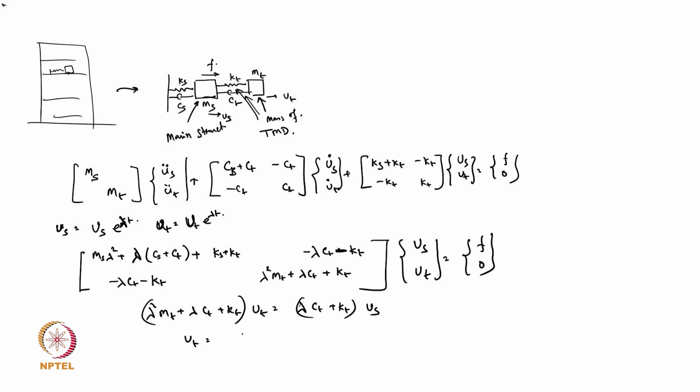So u of t should be equal to lambda ct plus kt divided by lambda square mt plus lambda ct plus kt. Okay, that we can get.